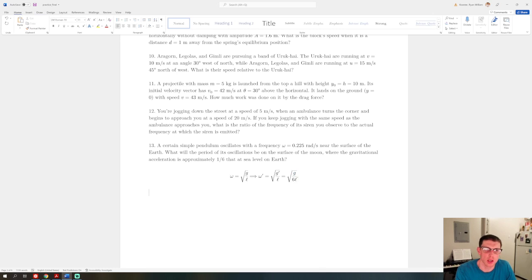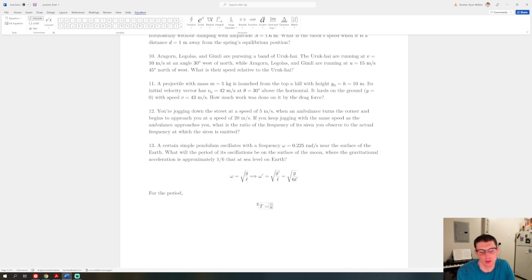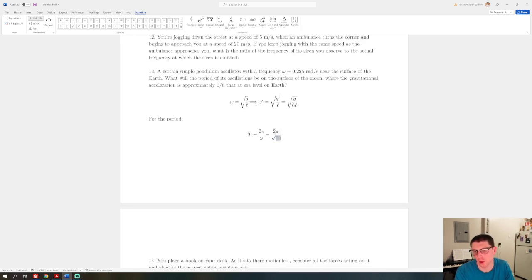Now, the equation for the period was something like T is 2 pi over omega. And so what we do is we just say 2 pi divided by the square root of g over 6L.